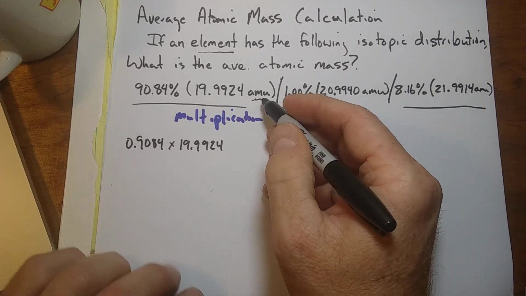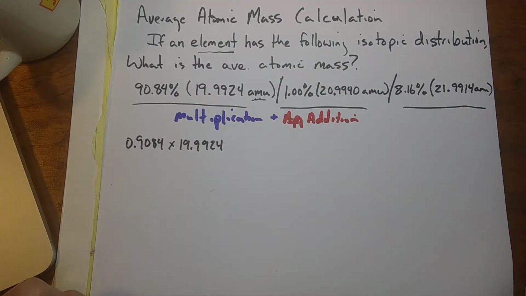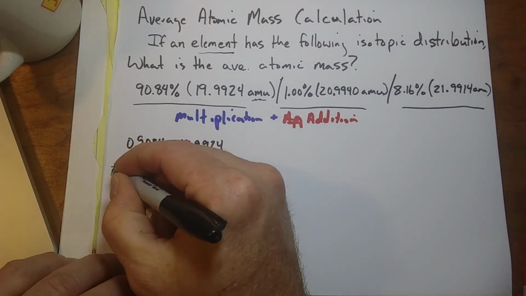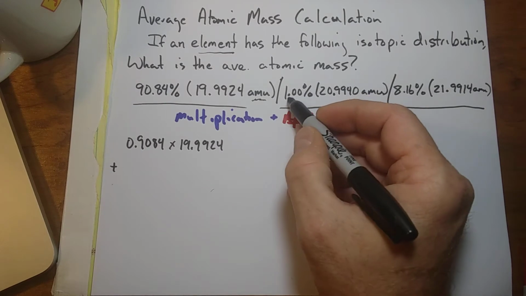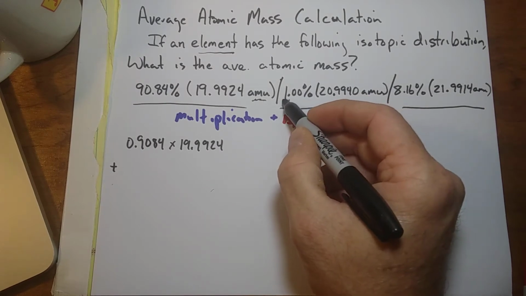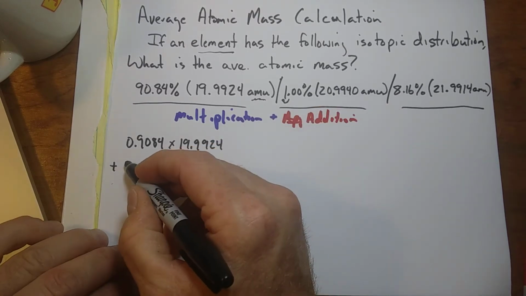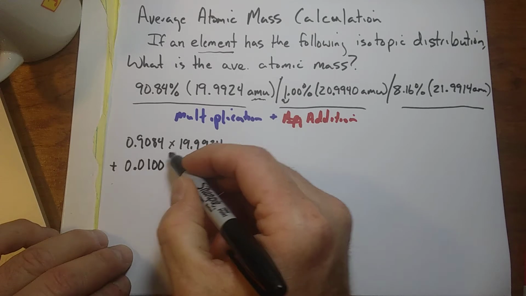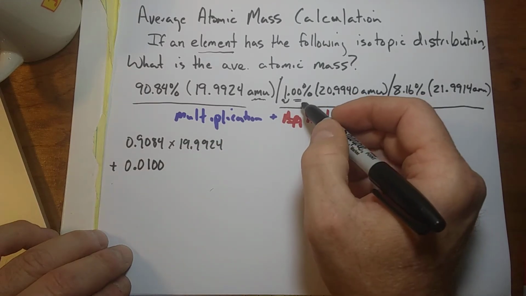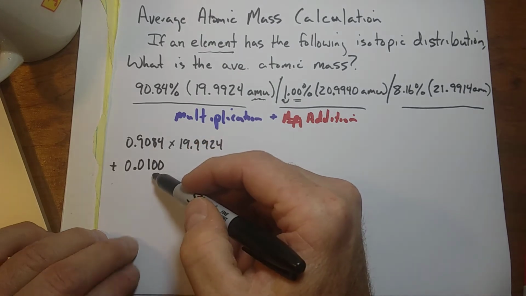And I'm going to go ahead and lose the unit here just for now. We'd also then say plus 1%. Now changing that to a fraction, remember we move the decimal point 2 places. So changing it from a percentage to a fraction, we move it 2 places. So we'd say 0.0100. We're going to keep those sig figs. It gave us those. We're going to keep those. Here I had 4, here I have 3.